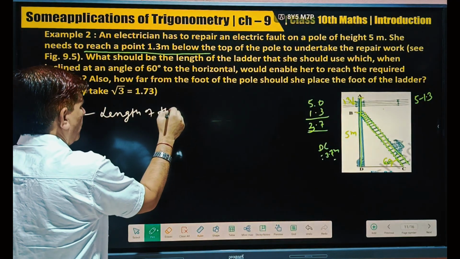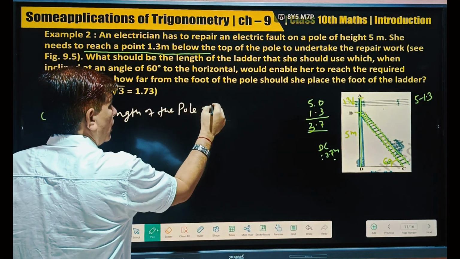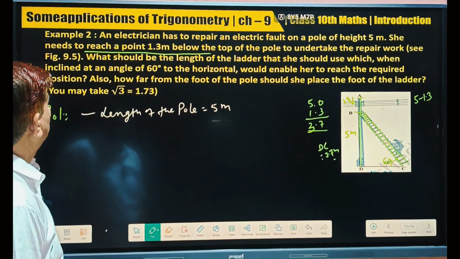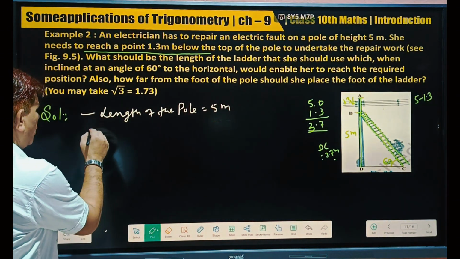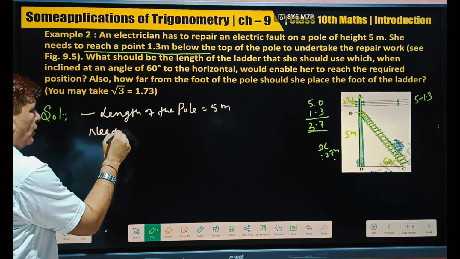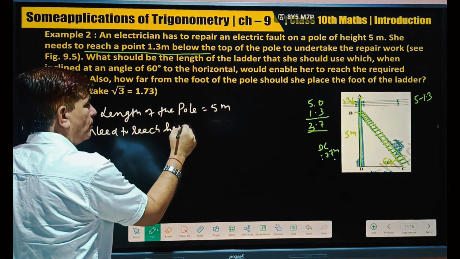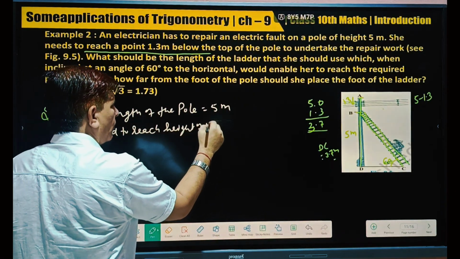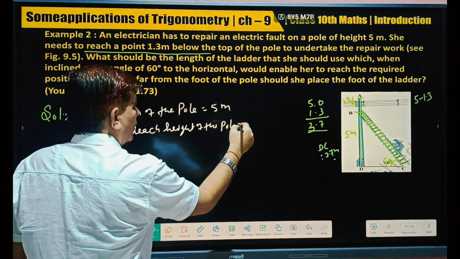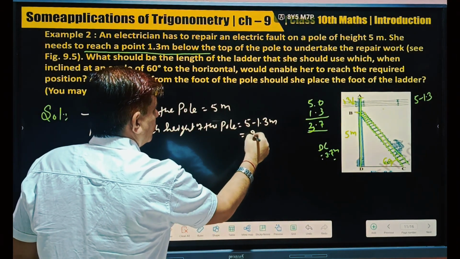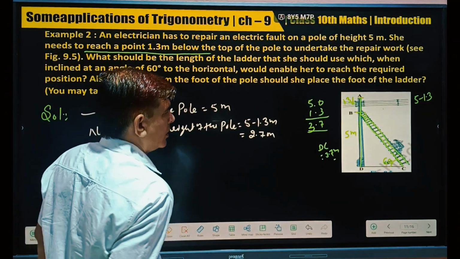Length of the pole, how much? 5 meter. Understood? And the height needed to reach is equal to 5 minus 1.3 meter, which is equal to 3.7 meter.